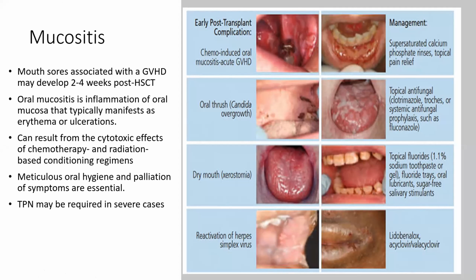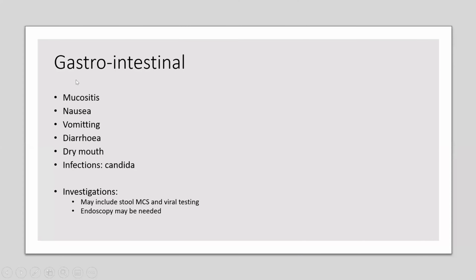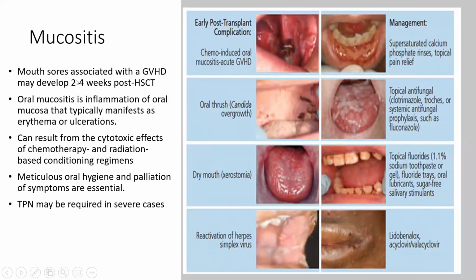So obviously on your daily ward rounds on a patient that has been transplanted, you're required to actually assess the different organ systems, and oftentimes you would pick up mucositis, and most of the time it may just be a mucositis that may be due to the cytotoxic agents that have been used. However, one has to look out for signs of GVHD in the mucosa, and this usually develops 2 to 4 weeks post-transplant.